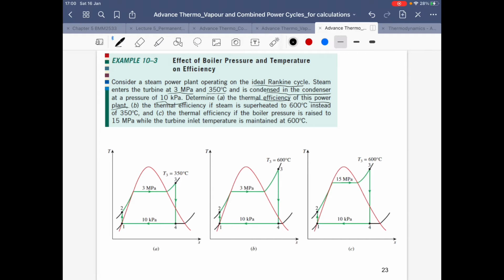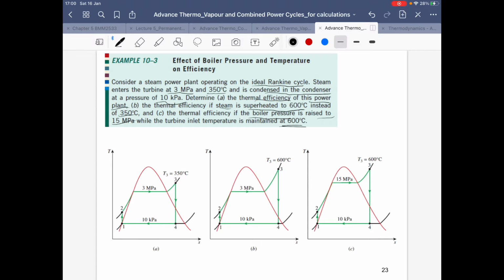B, determine the thermal efficiency if steam is superheated to 600 degrees C instead of 350 degrees C as in question A. And then C, the thermal efficiency if the boiler pressure is raised to 15 megapascal while the turbine inlet temperature is maintained at 600 degrees C.